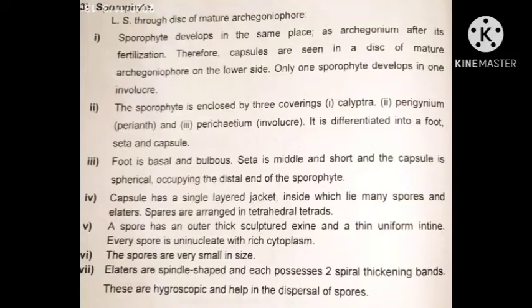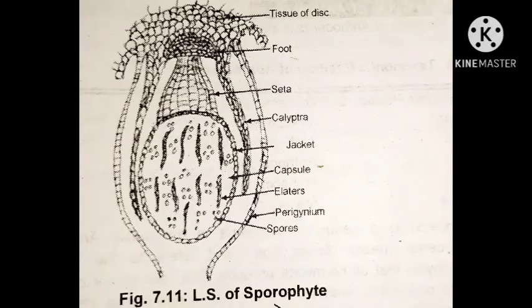The sporophyte is a structure developed on the archegoniophore, and it shows parts like the calyptra, perigynium or perianth, pseudoperianth, foot, seta, and capsule.